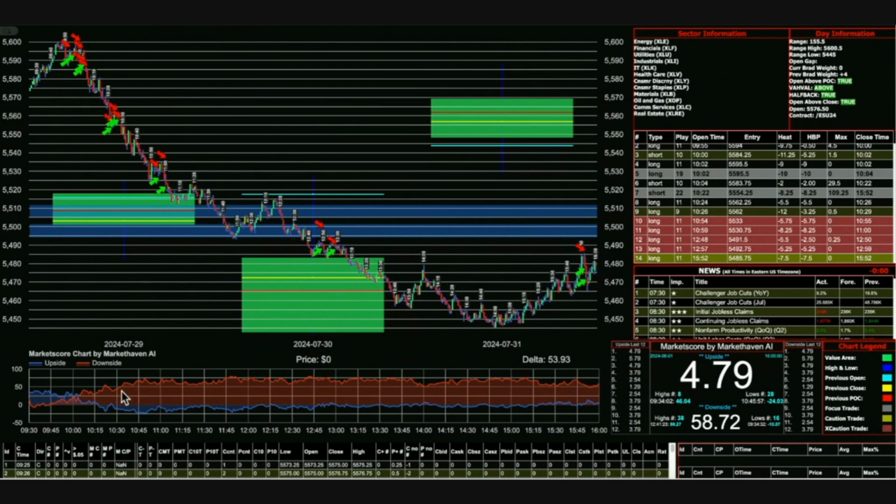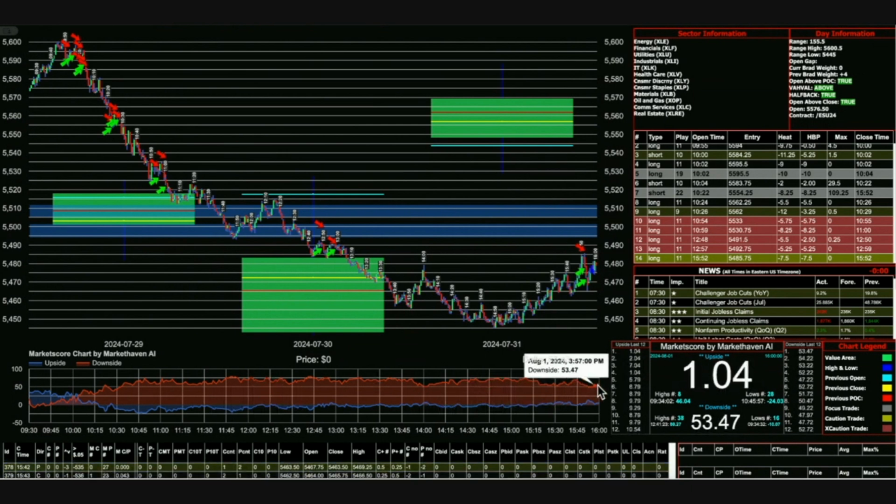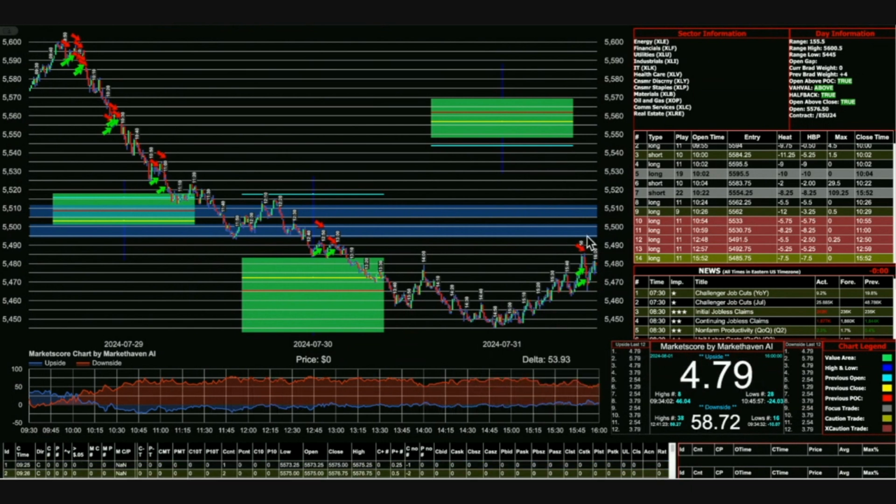You have significant pressure to the downside more or less the whole day, and then it does the opposite right at a certain point. Now, I'm going to go through these really quick just to show you exactly what that looks like. So this is yesterday actually, and I did this play, and it actually came down and broke that 44.5, which I think 44.75 was the low, and it broke the 44.5.